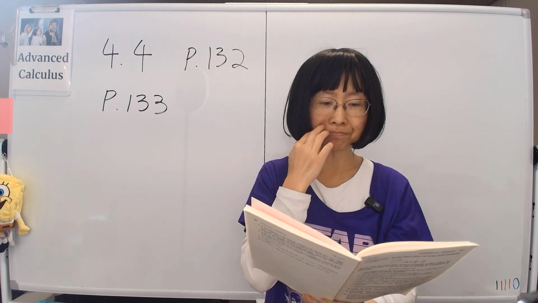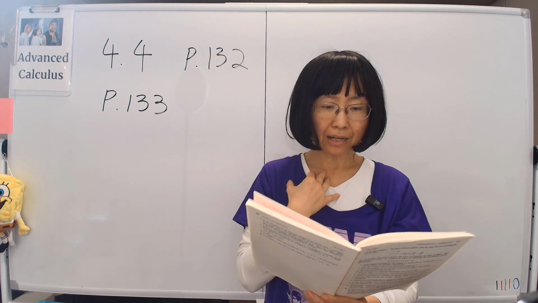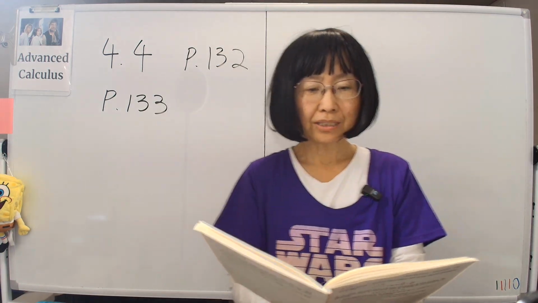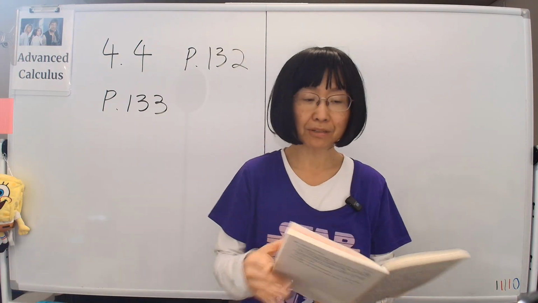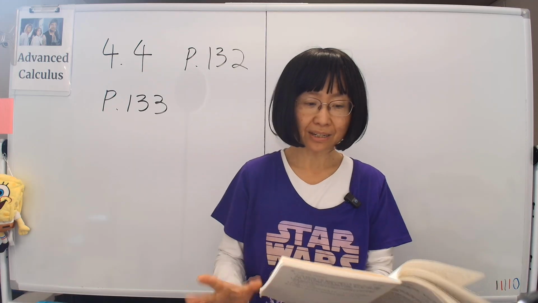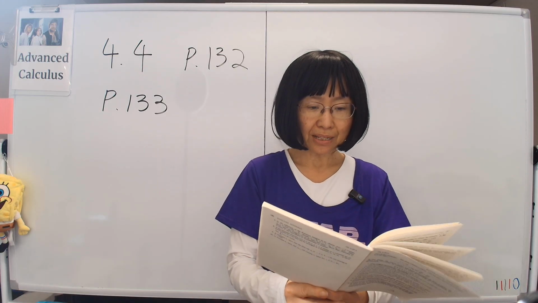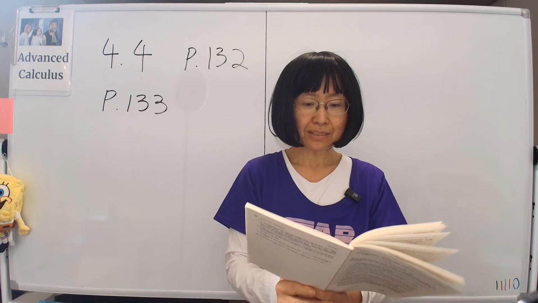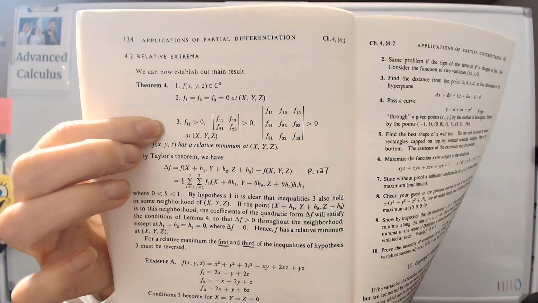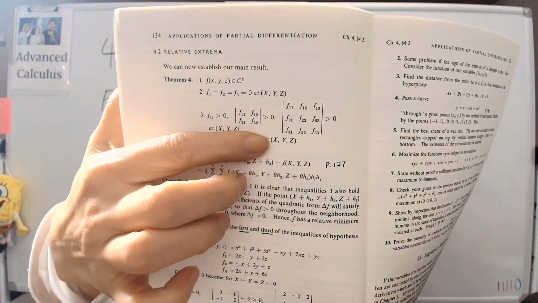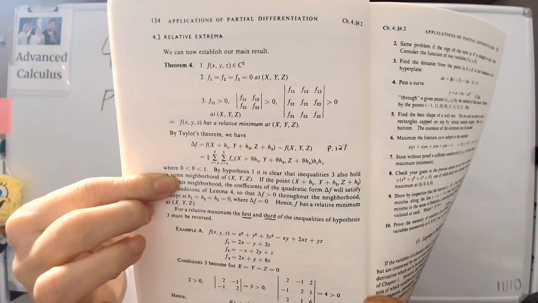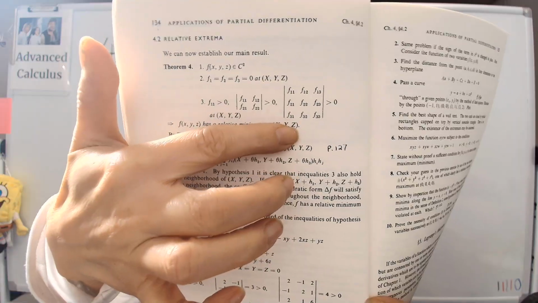And then, by hypothesis 1, which states that the function has continuous second derivatives in some neighborhood of x, y, z, all the inequalities in hypothesis 3 apply in some neighborhood of x, y, z, because every partial derivative here is continuous.